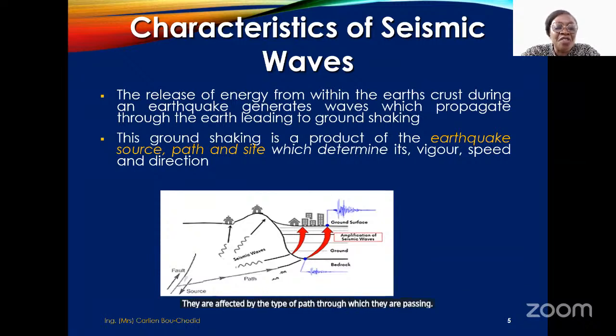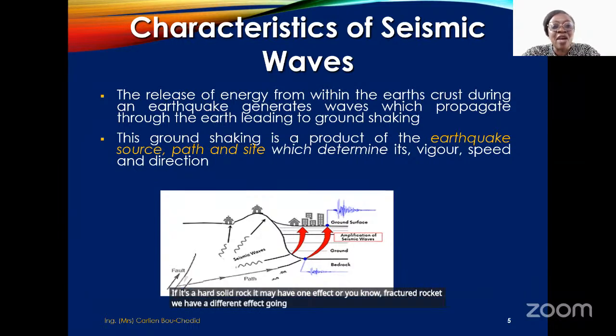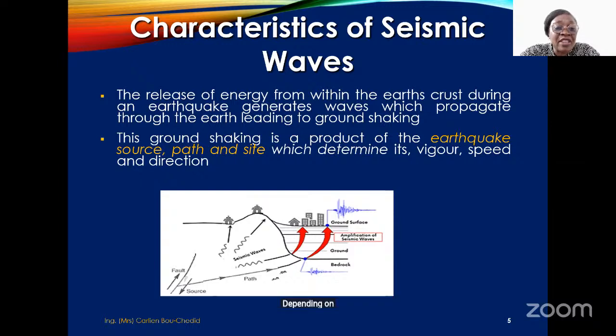If it's hard, solid rock, it may have one effect, or fractured rock, it may have a different effect. Going towards a hill, it may amplify the motion. And the result is that at ground level, you can experience different types of ground shaking depending on the actual site on which your building is standing.